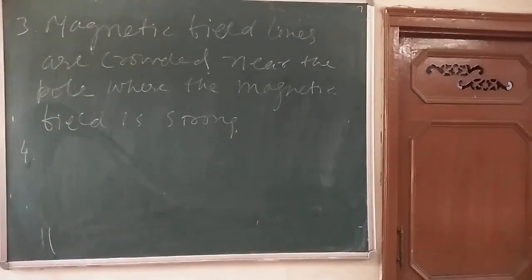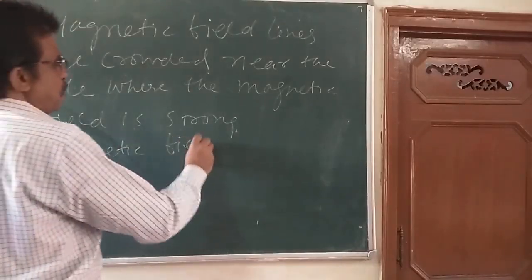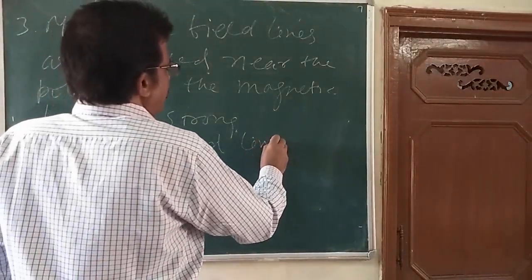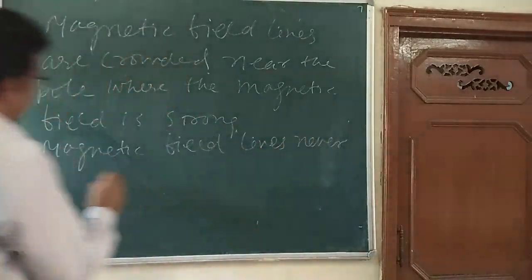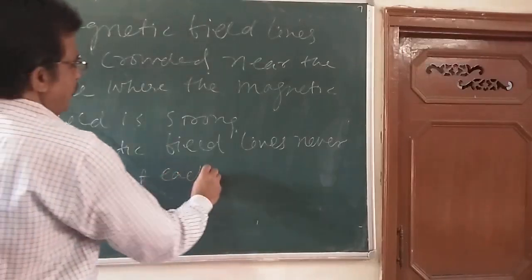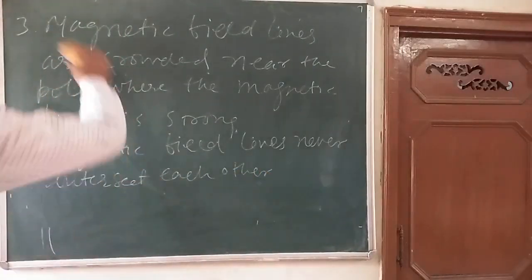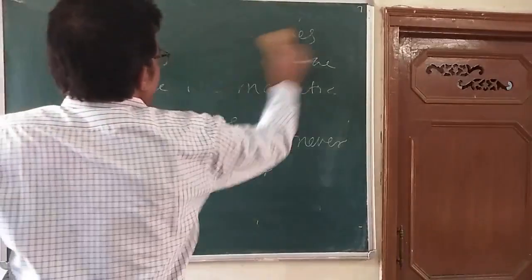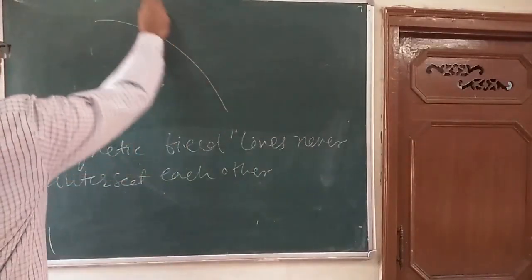The fourth property is that magnetic field lines never intersect each other. This is a very important property, always asked in CBSE examination. Suppose the magnetic field lines intersect like this.